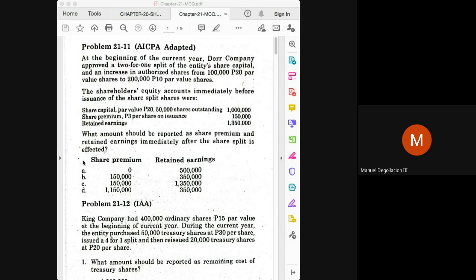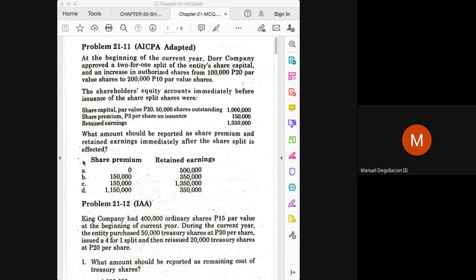Okay, so what happened here is that there is a 2-for-1 stock split, and then there is also an increase in authorized shares from 100,000 shares with 20 par value to 200,000 shares with 10 par value. Basically, this is the effect of the 2-for-1 stock split.